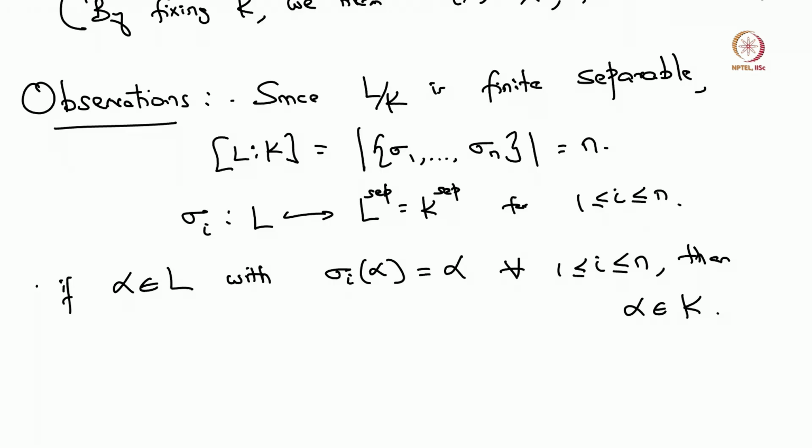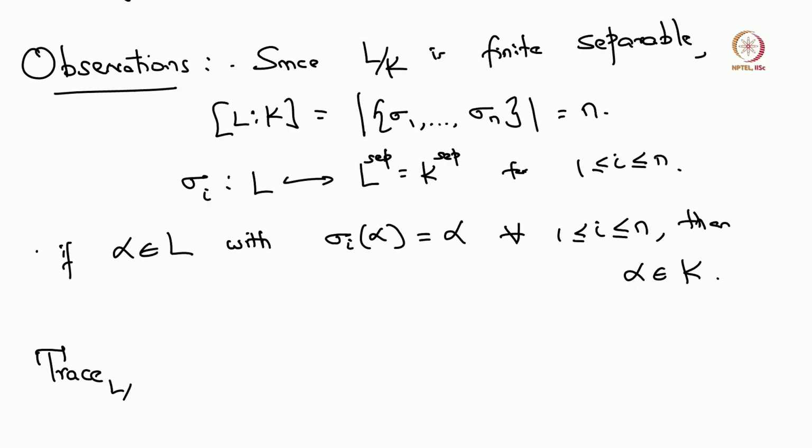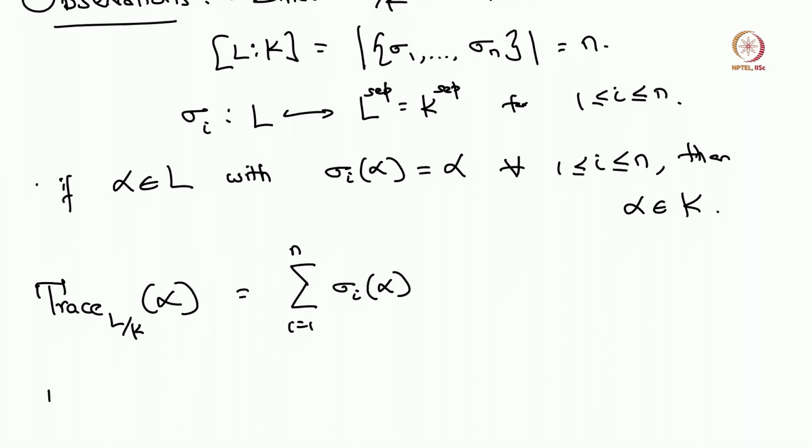then that element should actually belong to K. Okay, so with these priors, the trace of an element alpha is in fact the sum of its conjugates. These sigma i of alpha are called the conjugates of alpha, and the norm of an element is actually the product of its conjugates.